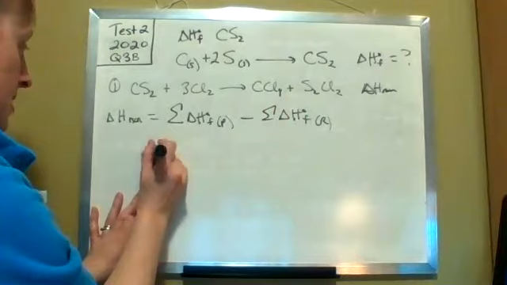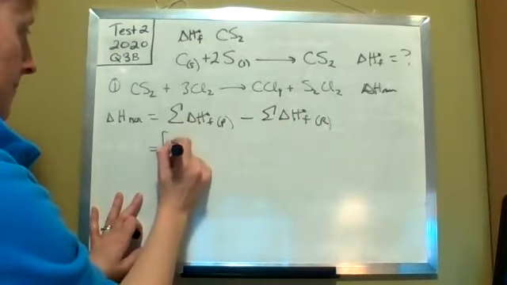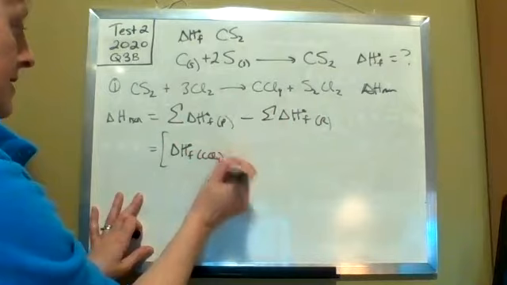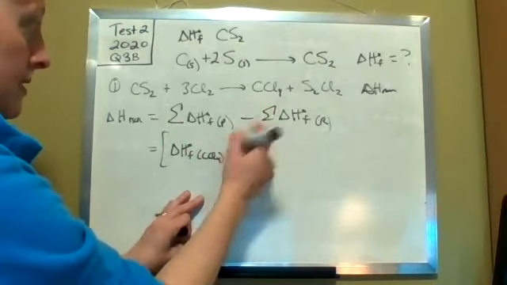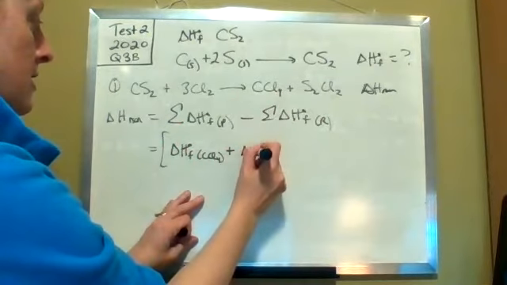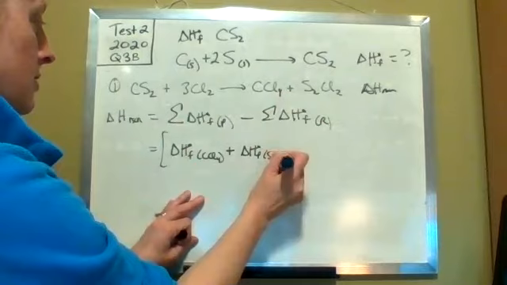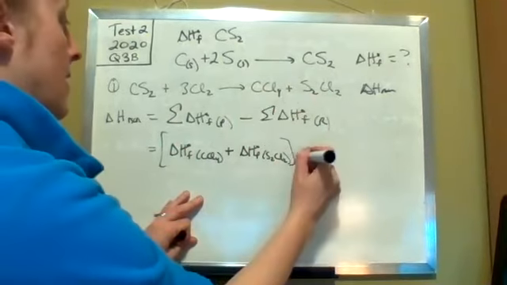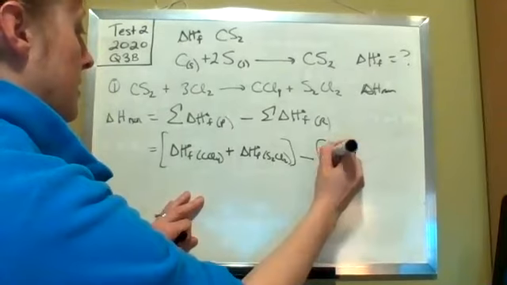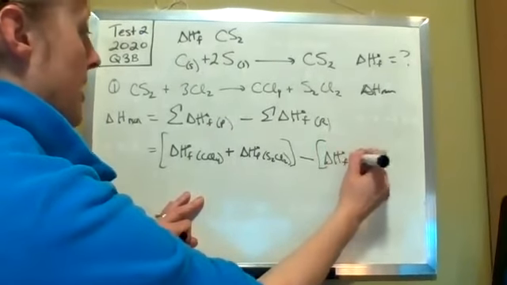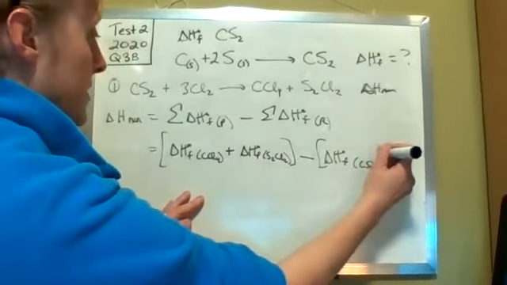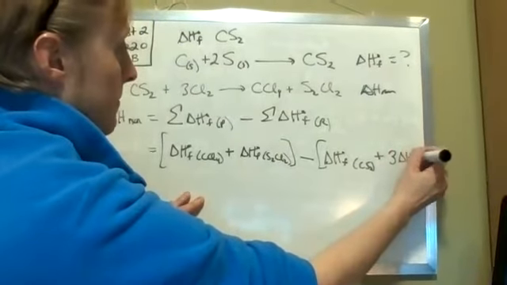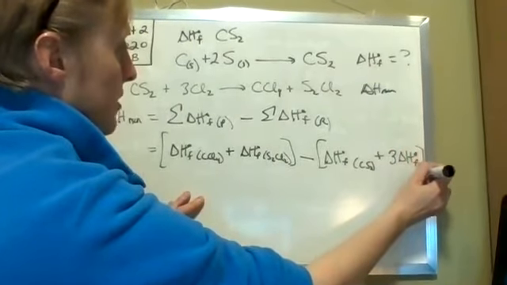So in this case, it would be delta H naught F of CCl4 plus delta H naught F of S2Cl2. Those are our 2 products. And then you have minus delta H naught F of CS2 and 3 times delta H naught F of Cl2.